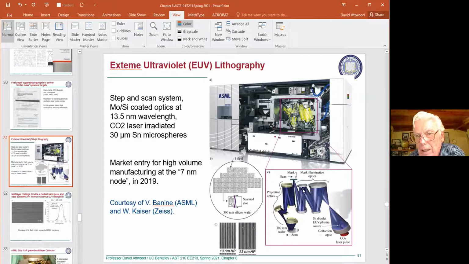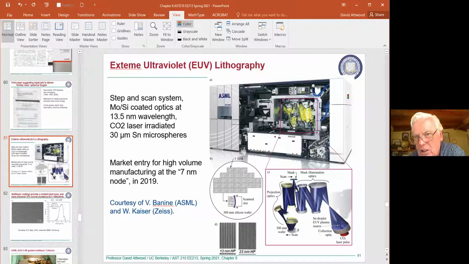The light pulses keep coming. There's a collection optics, which then images that onto a wafer, but to control aberrations in these very large optics, it only images in a slit.